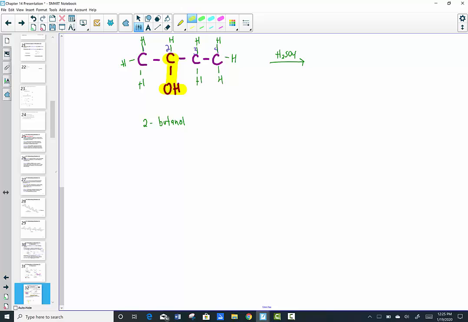We got to take an OH to make HOH. But I noticed the adjacent carbon to the left has a hydrogen, and the adjacent carbon to the right has a hydrogen. So I can see that I can consider eliminating HOH from the green, or HOH there from the bright pink hydrogen.